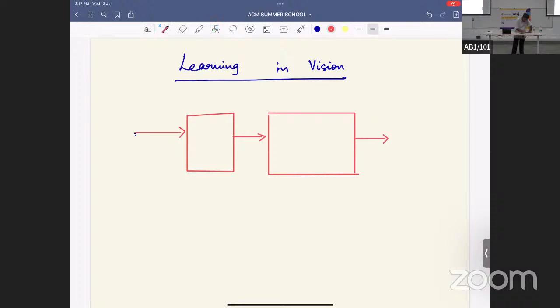Given an image, it needs to tell which category out of some 1,000 categories is present in that image. So the image is the input and the output is the prediction of category.